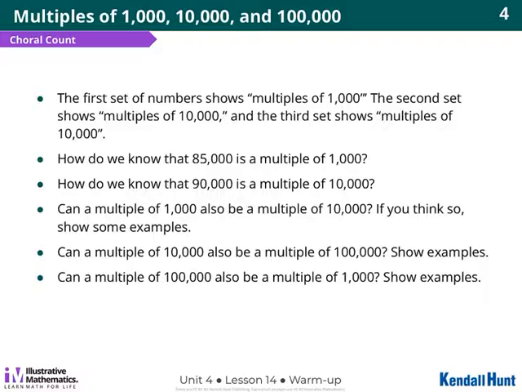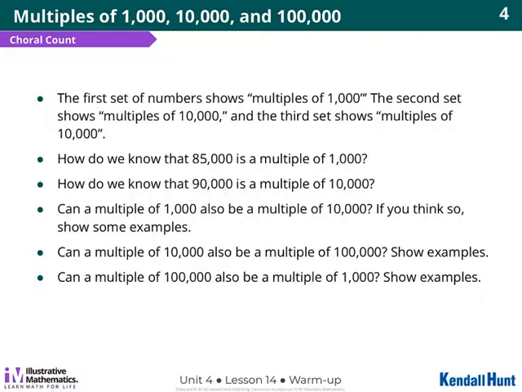It's because you can multiply 85 by 1,000. Okay. So if I was counting by 1,000, would I say 85,000? Yes. Okay, and like what Braden said, you could take 85 times 1,000 and we would get 85,000.